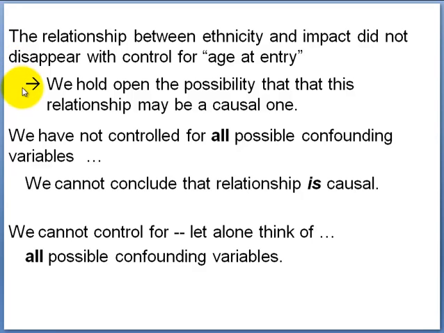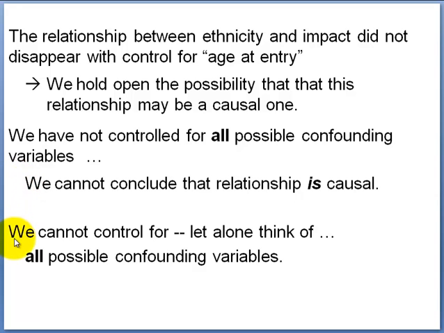This being so, we hold open the possibility that this relationship might be a causal one. On the other hand, we have not controlled for all possible confounding variables, and as such we cannot conclude that the relationship is causal.